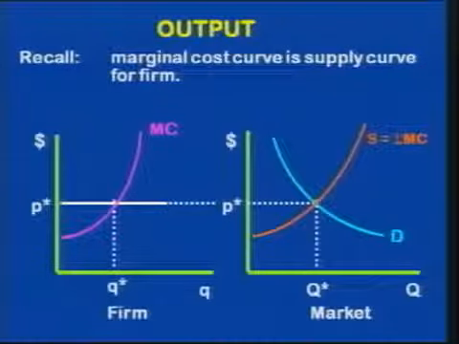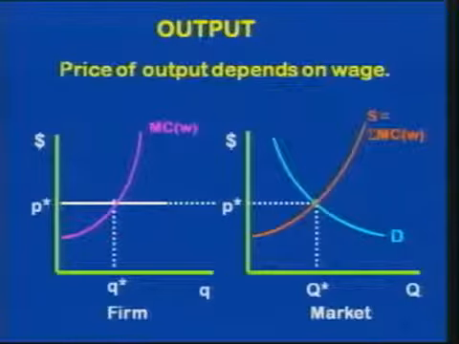The marginal cost is actually a function of the wage rate, which means that the supply curve in the market is a function of the wage rate.